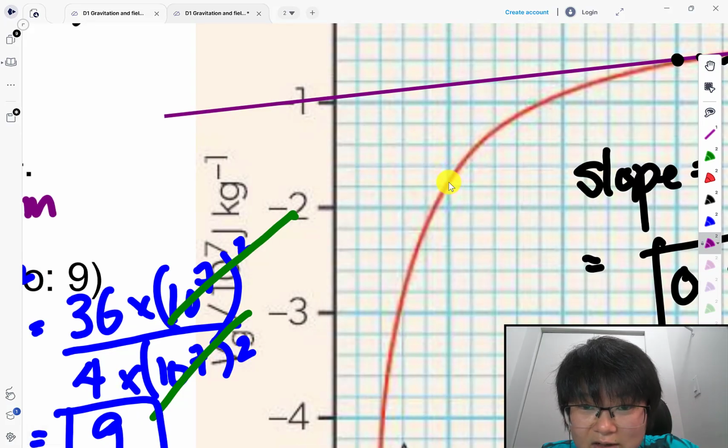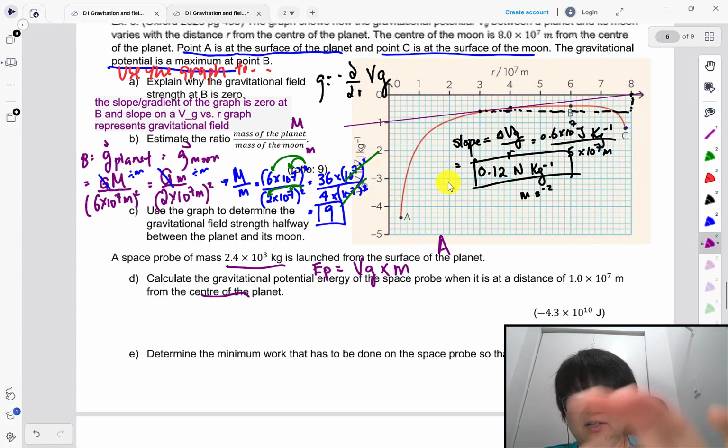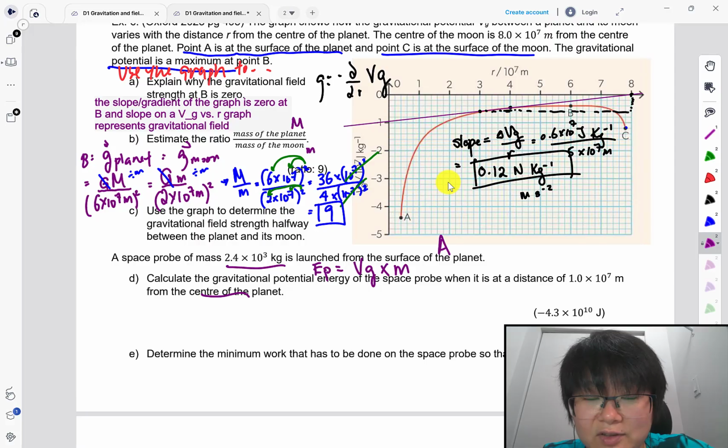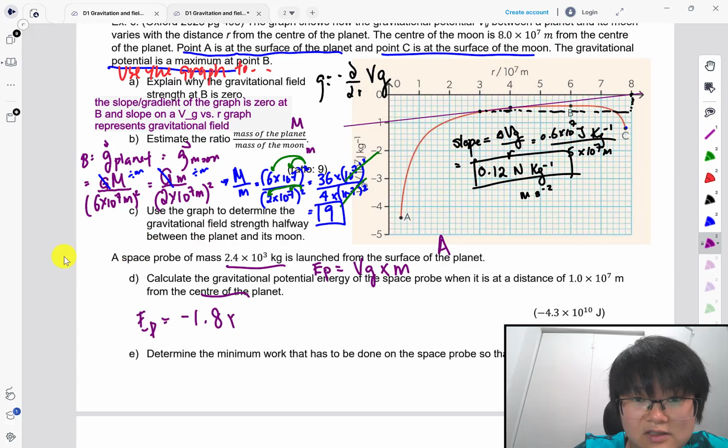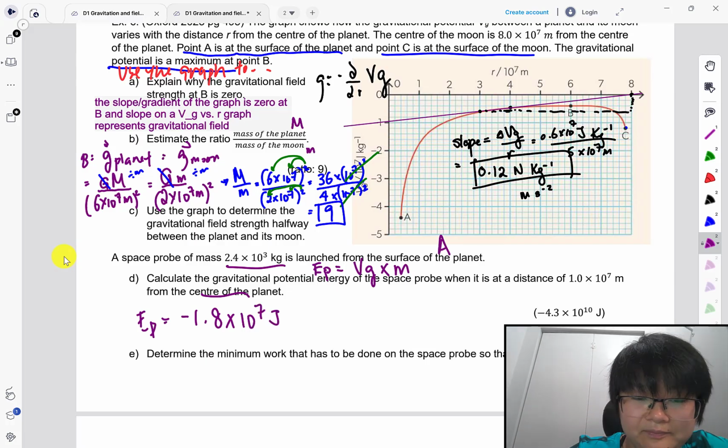Well, you may not, but I think based off of what is on your print, this is minus 1.8. And it could be more precise on my zooming, but I'm assuming you can't achieve that level of precision.